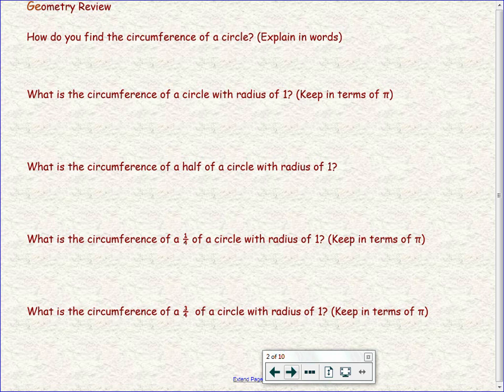And you'll notice on the front, all I have is just some prompts to you about circumference. And remember what circumference is. You'll spend a lot of time using circumference in geometry. It is the perimeter of a circle.